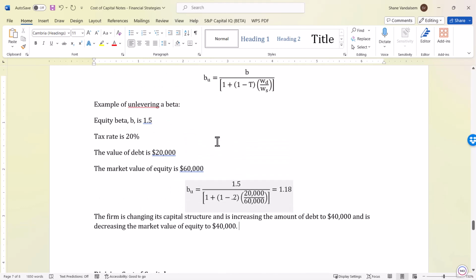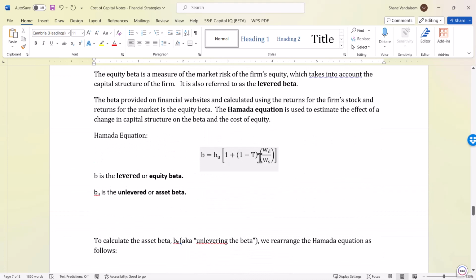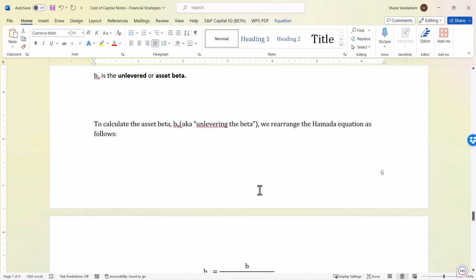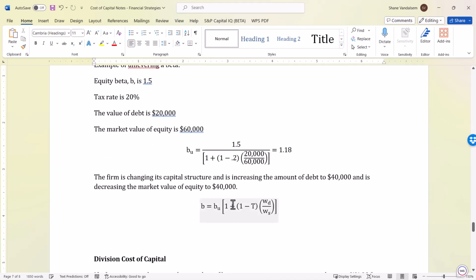Okay, so now we're going to go back up here to lever our beta. So my unlevered beta was 1.18.